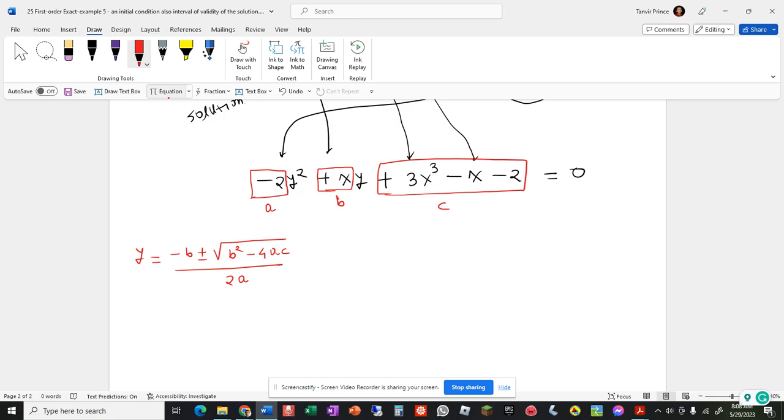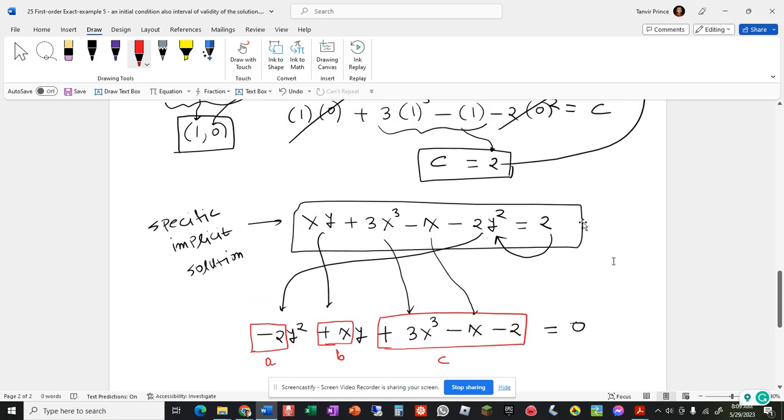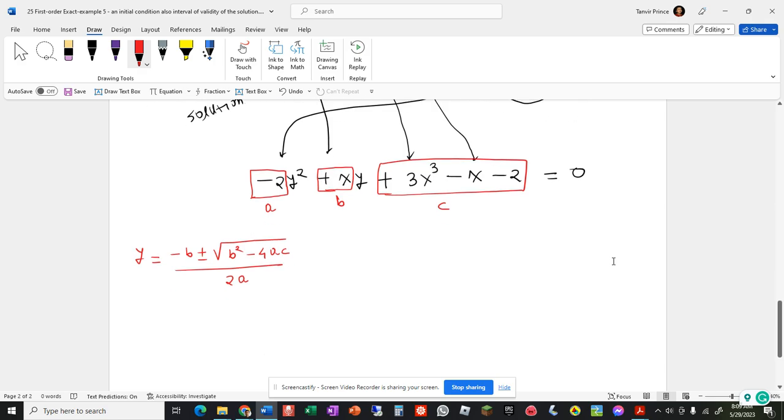So just substitute a, b, c here. You substitute a equal to -2, b equal to x, and c equal to 3x cubed minus x minus 2. Don't confuse this c with the c above, it's a different c. So let's do that.